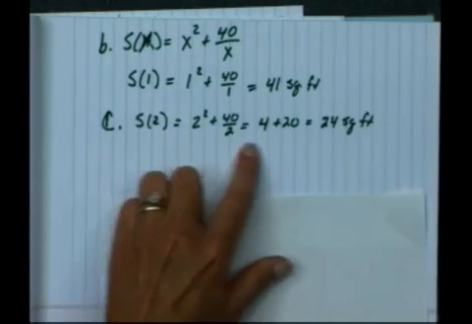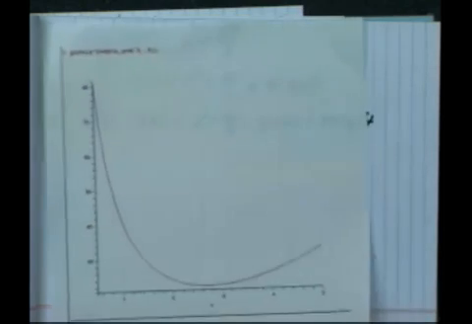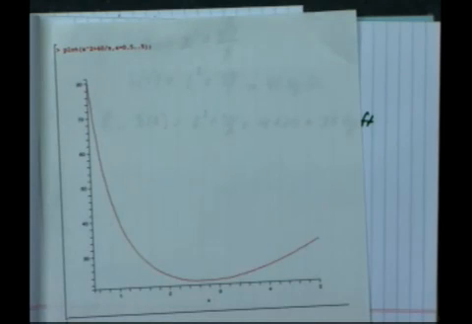When x was 2, coming up from 2, the surface area was 24. We found out exactly what it was. So if you're running a business and you've got to ship out 10 cubic feet and you have to build the box, you want a box that has the least amount of surface area because you're paying for the materials. So that's why you need math before you go out in the real world working.